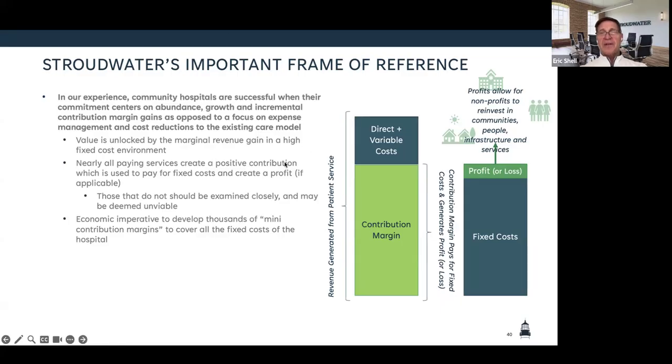This overall discussion is couched in this frame of reference: community hospitals are successful when their commitment centers on abundance, growth, and incremental contribution margin, as opposed to a focus on expense management, cost reductions, and cost reductions to the existing care model.